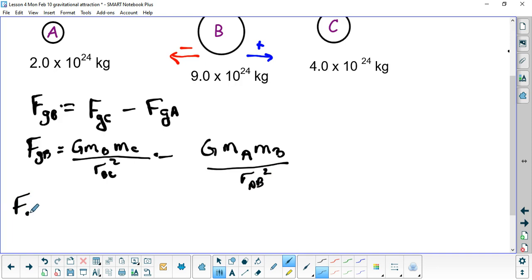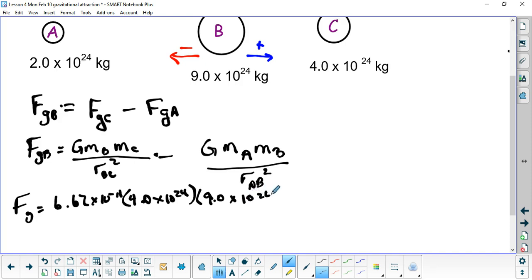So our force will end up being 6.67 times 10 to the negative 11, times the mass of our first one, 4.0 times 10 to the 24, and then our other one, 9.0 times 10 to the 24, divided by the distance between them, which is 3.0 times 10 to the 9, I think it was.